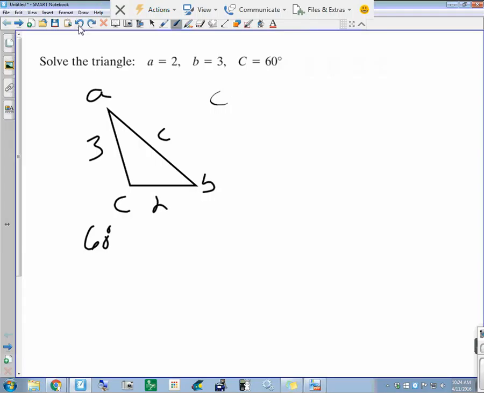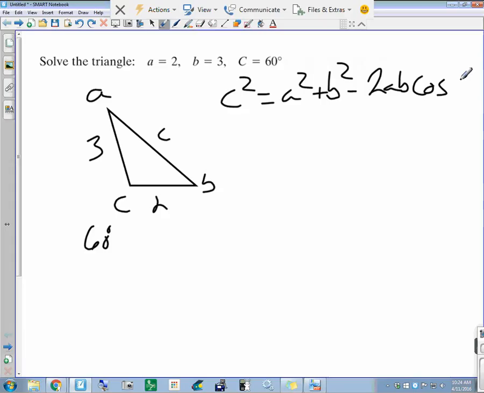So C squared is going to be equal to what? A squared plus B squared minus what? 2AB cosine C. Now the nice thing is it's simply fill in the blank.